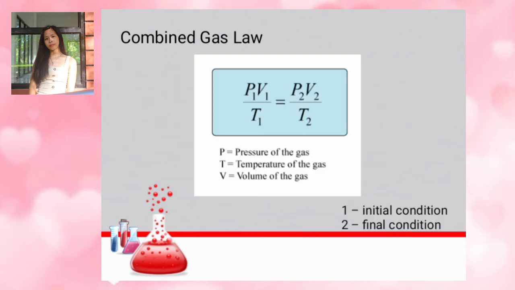The formula of the combined gas law equation is P1V1 over T1 equals P2V2 over T2. The P is pressure of the gas. The T is the temperature of the gas. The V is volume of the gas. 1 is initial condition, 2 is final condition.